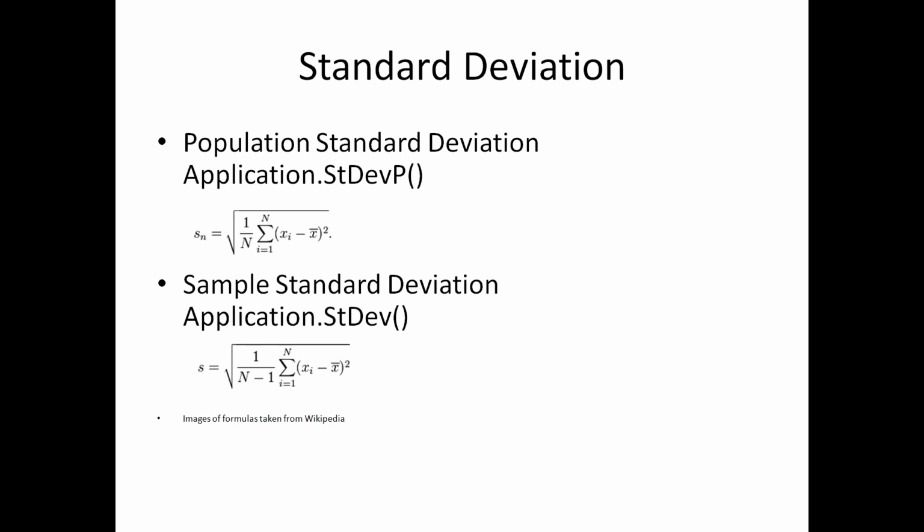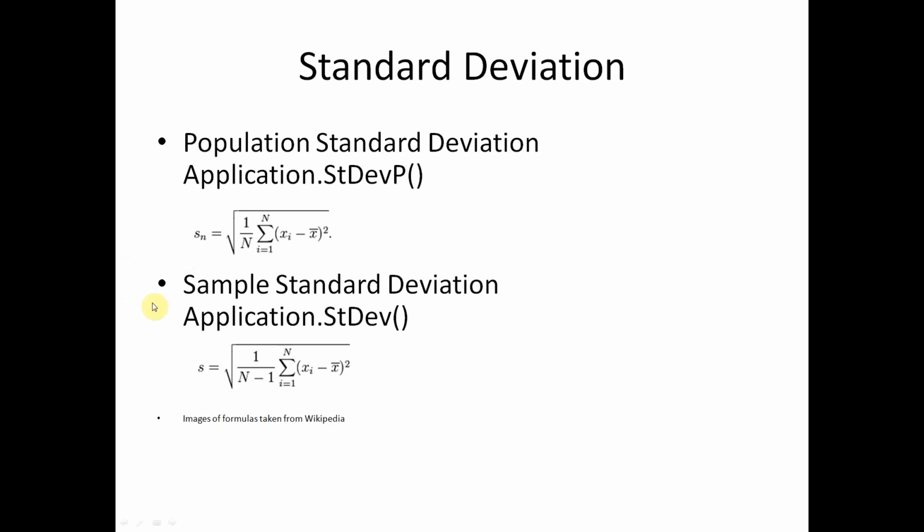This week we will be talking about 2 different standard deviation formulas. Firstly, there is the population standard deviation, represented by application.stdevp, and you can see its formula here. This formula assumes that the sample is your whole population.